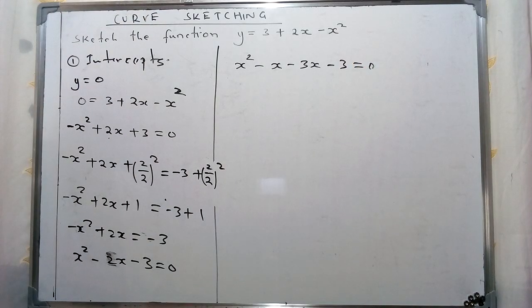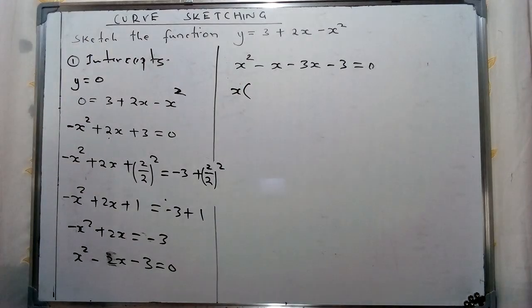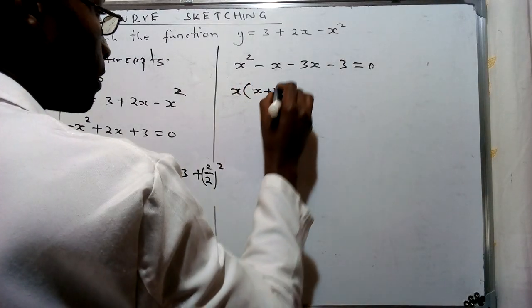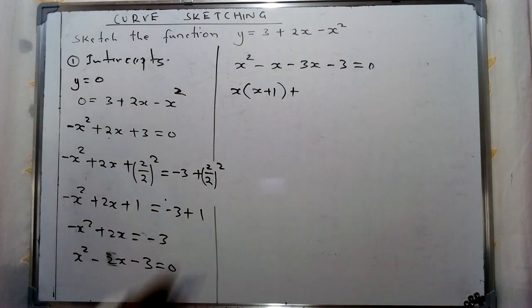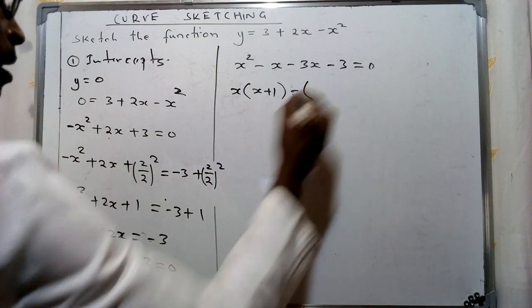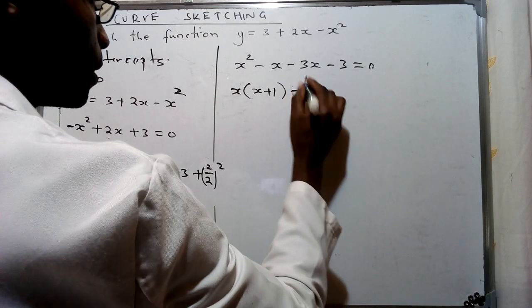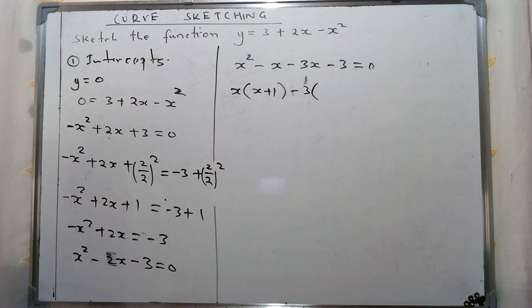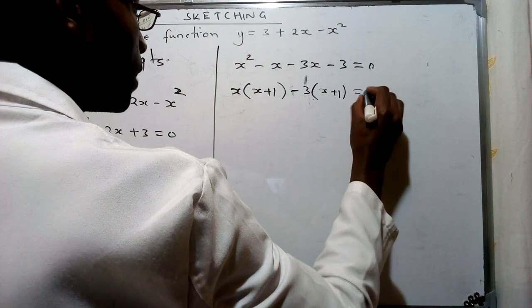So the left hand side of the equation can still be given in terms of x plus 1 into x minus 3, where the common factor in this case is going to be 3, so that gives us x plus 1 is equivalent to 0.